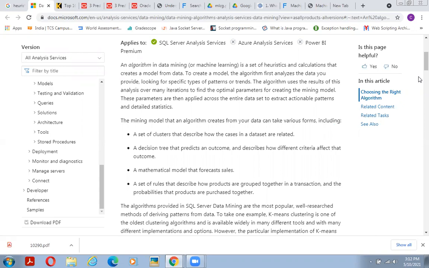Okay. Now, the mining model that an algorithm creates from your data can take various forms. First, we need a cluster of data sets, a set of clusters that describe how the cases in the data sets are related. Then a decision tree that predicts the outcome and describes how different criteria affect that outcome.